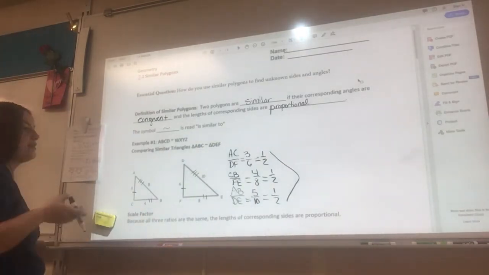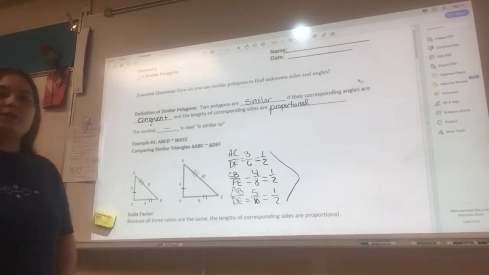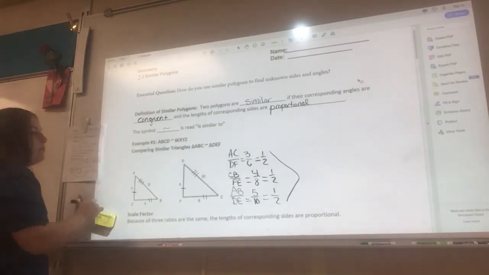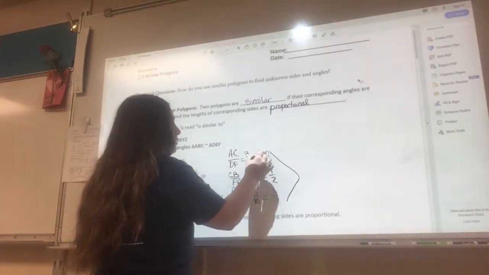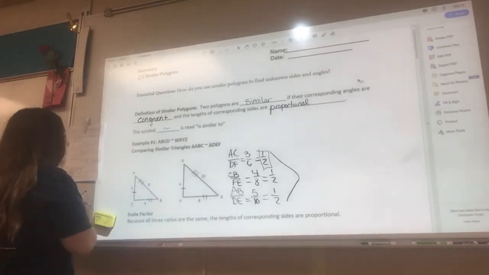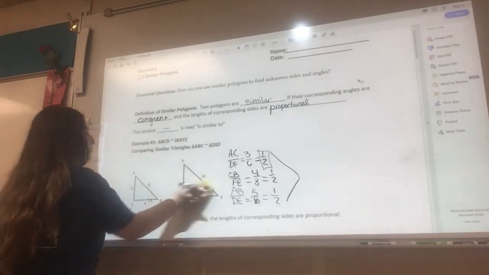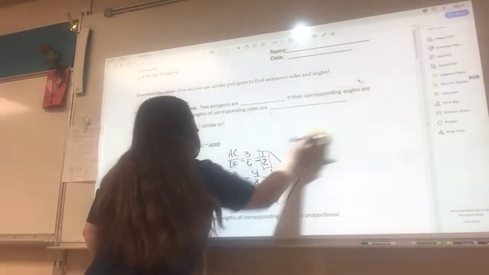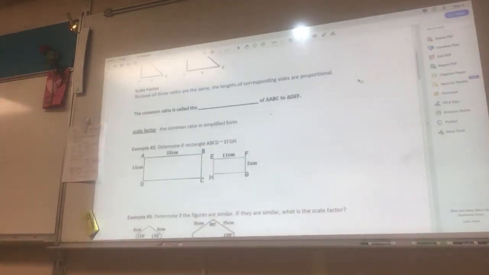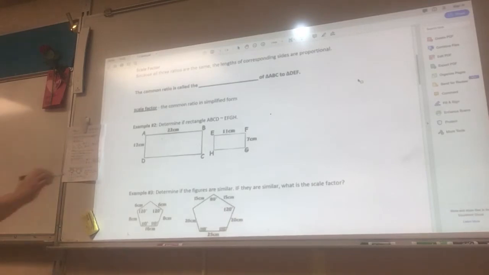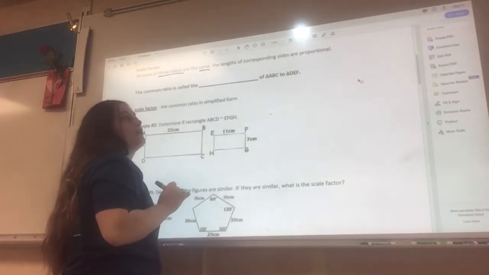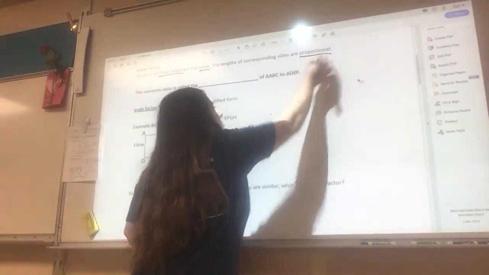This is a really good sign. Again, we saw that back in 7-1, proportions. So they're all the same, which means they are proportional to each other with a ratio of 1/2. Since they have a common ratio, we know since all three of the ratios are the same, the lengths of the corresponding sides are proportional.